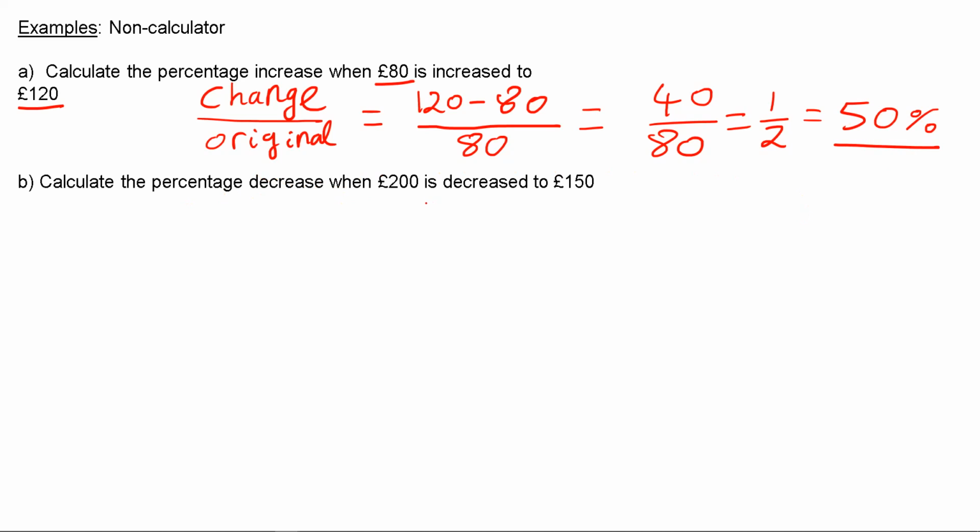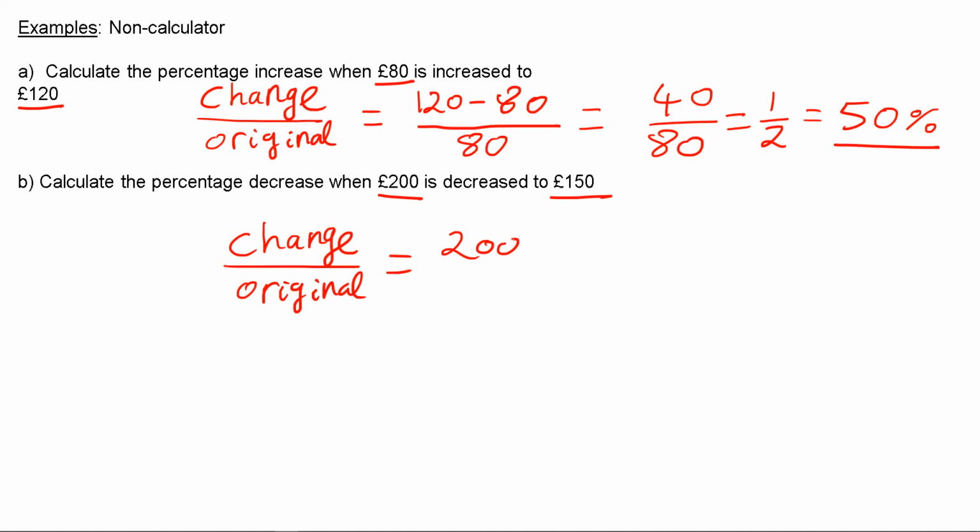For B, when £200 is decreased to 150, we again work out the change over the original and we change that into a percentage. So we have 200 take away 150 over the original amount.